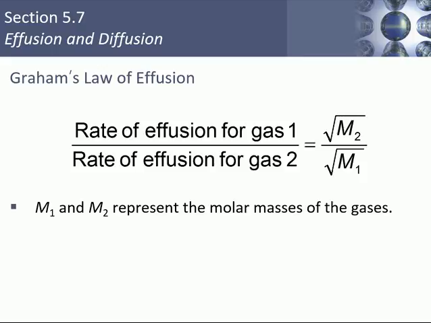So we have the rate of effusion for gas 1 is equal to, notice how the molar mass of gas 1 is in the denominator because it's the inverse. Similarly, for the rate of effusion for gas 2, this being in the denominator, the molar mass of gas 2 is actually in the numerator because it is an inverse.